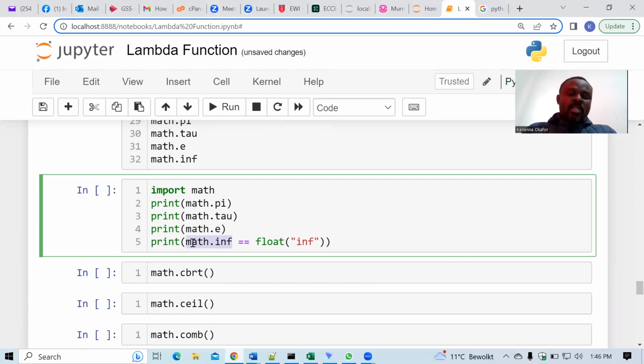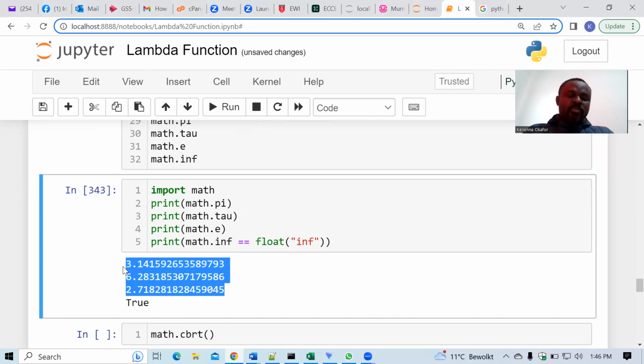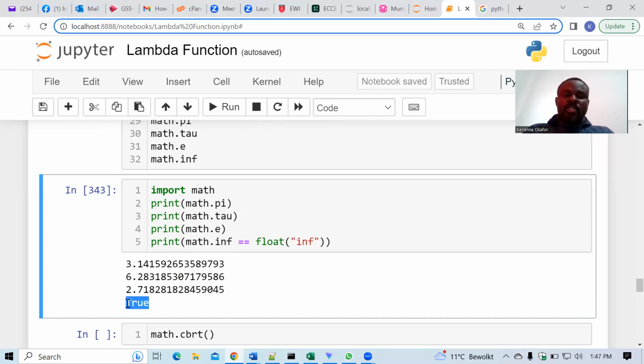So I'm trying to see if the positive infinity from the math module here is the same as the floating point representation of the infinity. That's just what I'm trying to do here. And we'll see if it returns true or false. So Control Enter in Jupyter Notebook, and I see the values here, of the constants, and then my check for equality returns a true value.